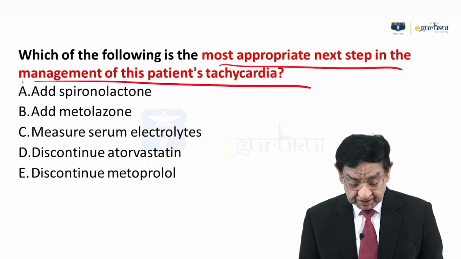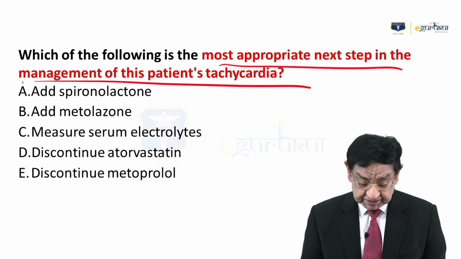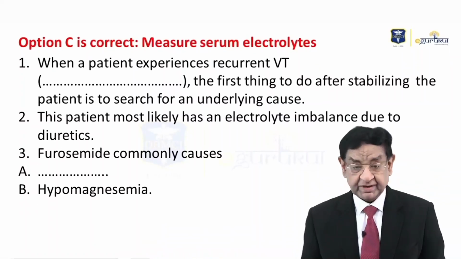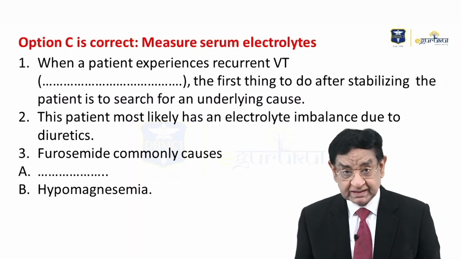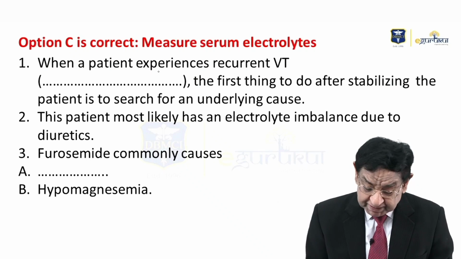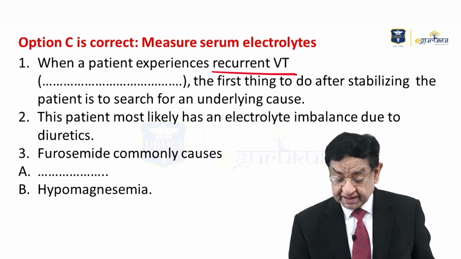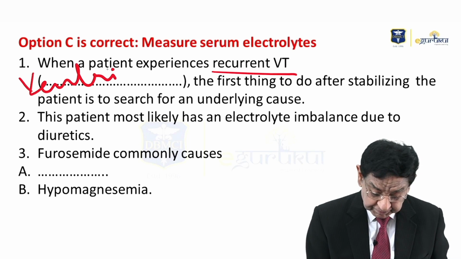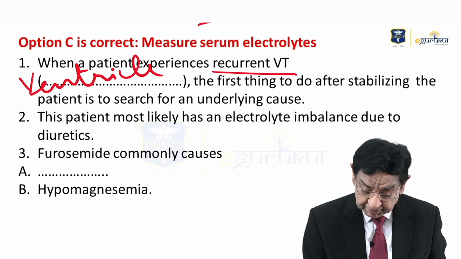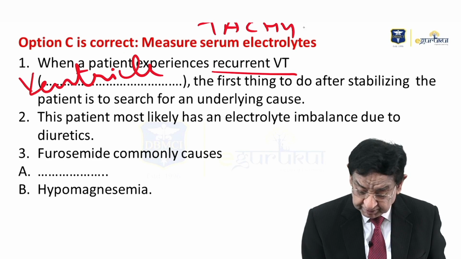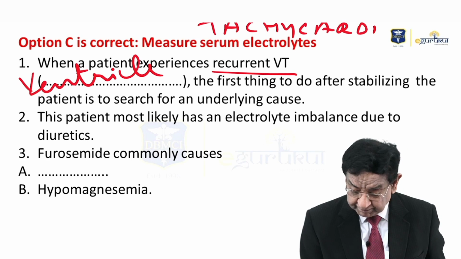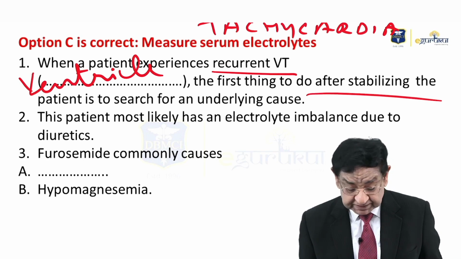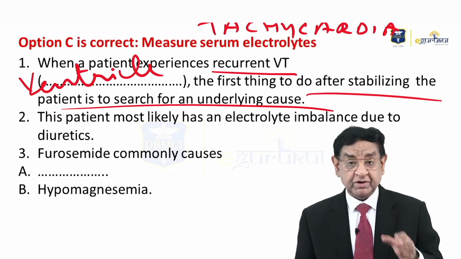Lovely question. The answer to this question is C, serum electrolyte levels. Why is this the answer? Now this patient experiences recurrent ventricular tachycardia, VT. Once she has been stabilized, we are to search for an electrolyte reason.